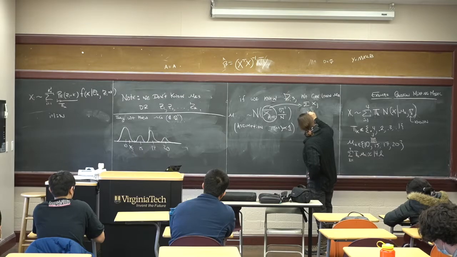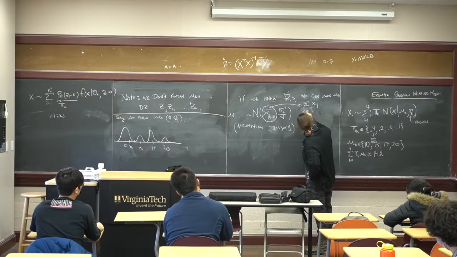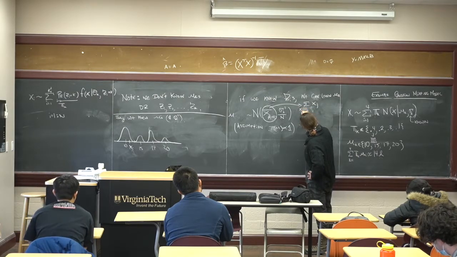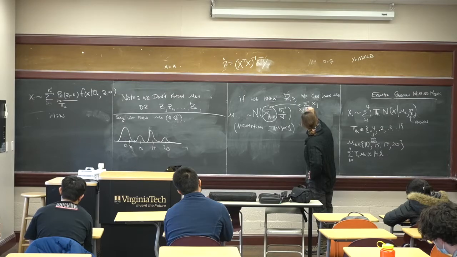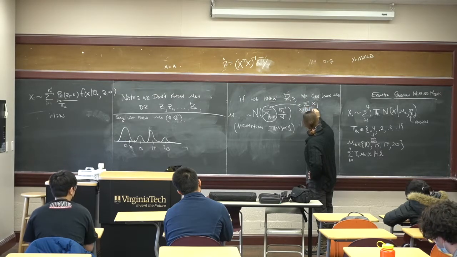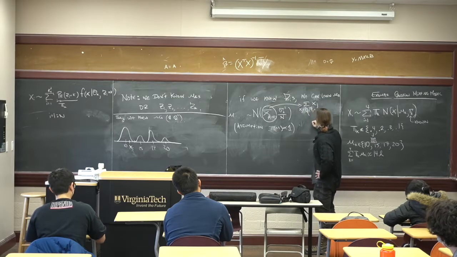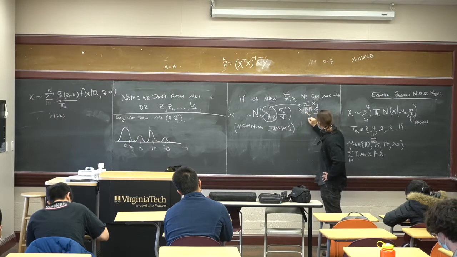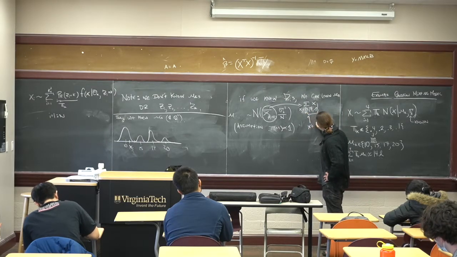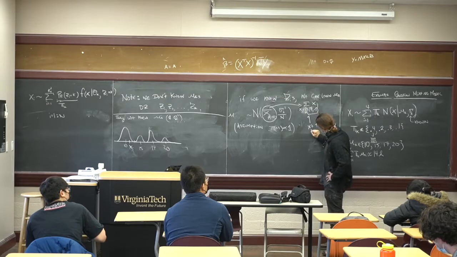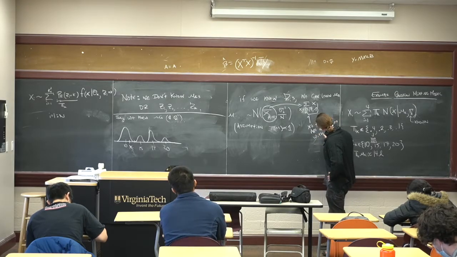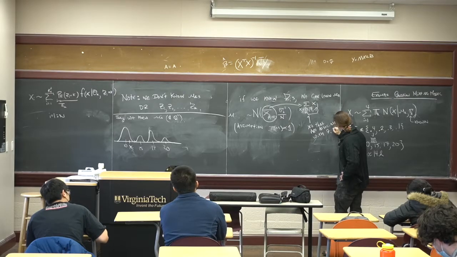Let me write it out like this. xj is an element of the xi's such that zi is equal to 1 right here. So what this says is these are going to be the x's that are associated with zi equal to 1.